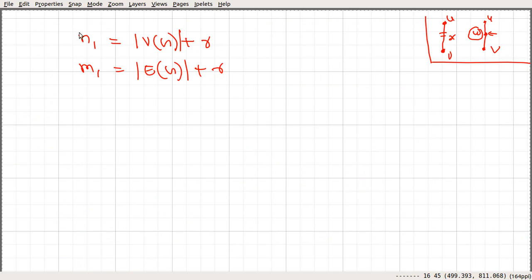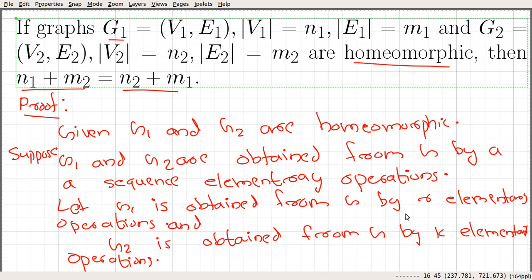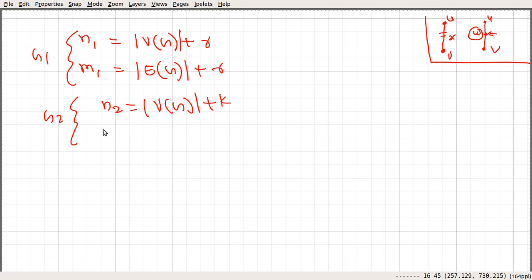That was for graph G1. Similarly, if you look at graph G2, the number of vertices will be equal to the number of vertices in our original graph G plus k, since here we are performing k operations, and the number of edges m2 is the number of edges in G plus k. Sorry, that is m2, not m1.